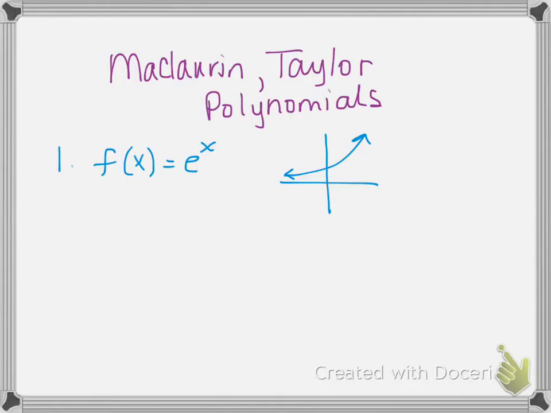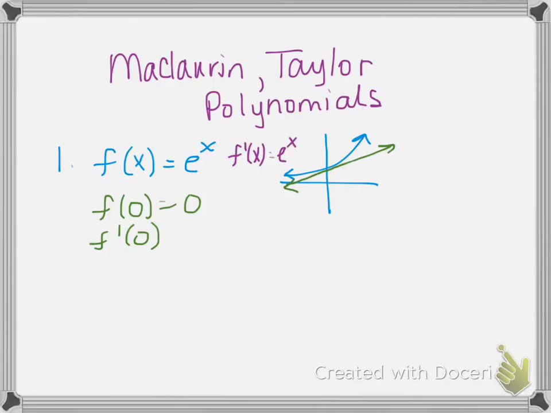So basically we're going to start off with approximating it by a line. That's the tangent line, and what has to happen is that the y values are going to be the same and the slopes are going to be the same. The slope at 0, if I found the derivative of f of x and plug in 0, I get 1.